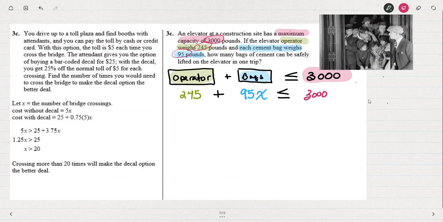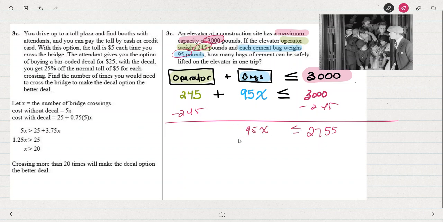So if we solve this inequality, subtract 245 from both sides. 3,000 minus 245 is 2,755. And then divide both sides by 95. And I'd get that x is less than or equal to 29.